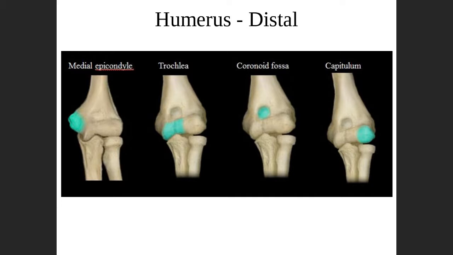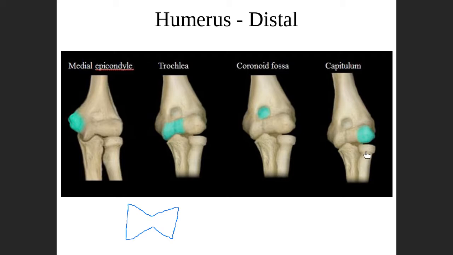So this structure right here, to me, it looks like a bow tie. It looks kind of like this. Again, it's tough to see on here. That is going to be the trochlea. And then this rounded ball-like structure, that's the capitulum.